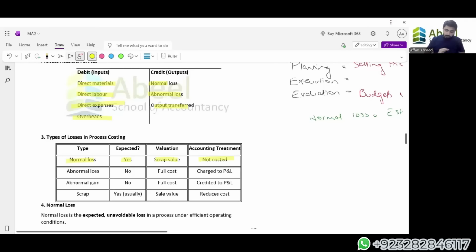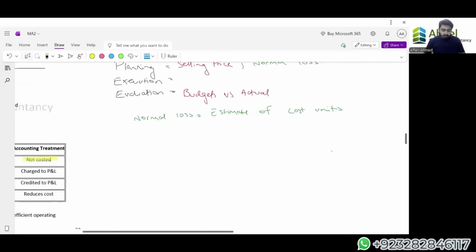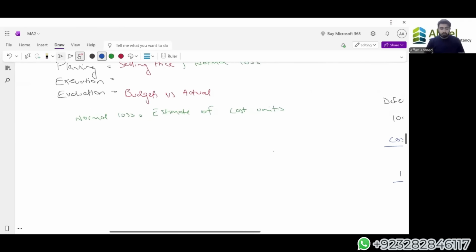Now, moving on to abnormal loss and abnormal gain. Abnormal loss is a loss that comes to the organization when we are at the end of the process or when we are able to identify what has actually happened.